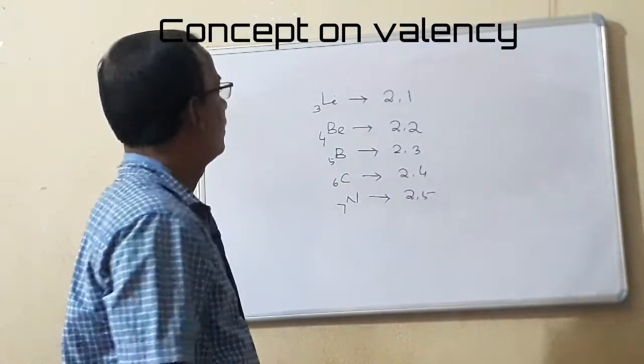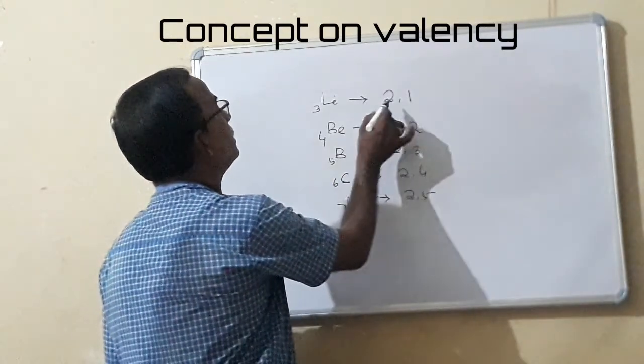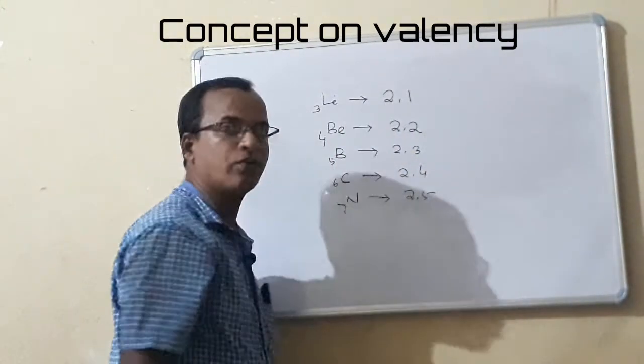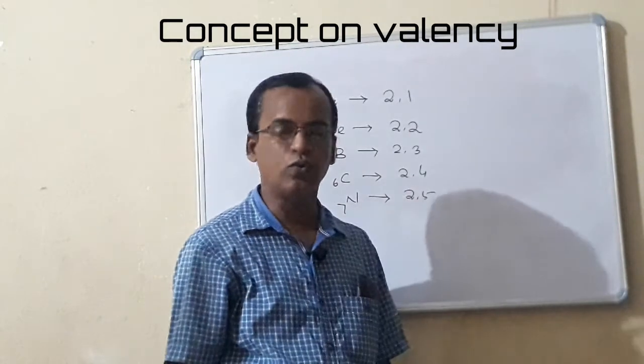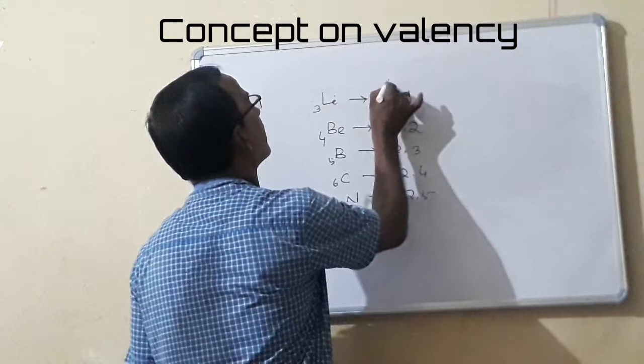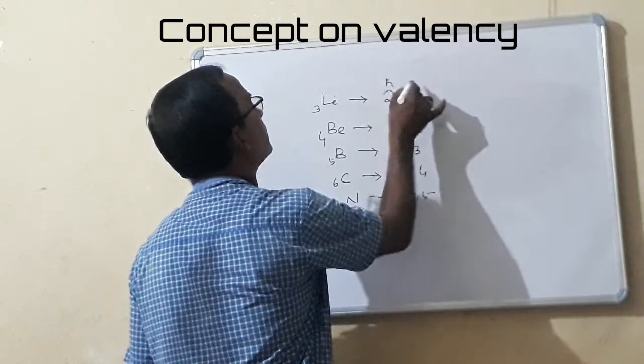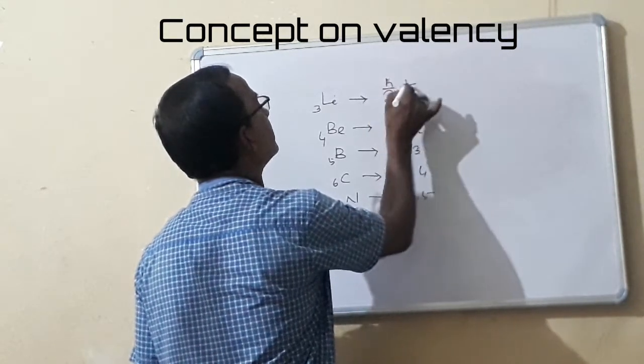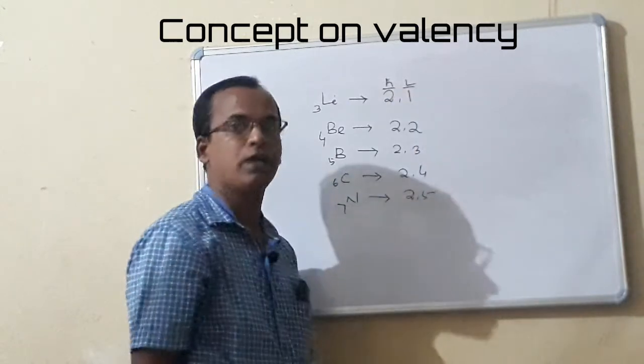So lithium's electronic configuration is 2, 1, that means in the first shell, K, 2 electrons, and in the L shell, the second shell, 1 electron is arranged.